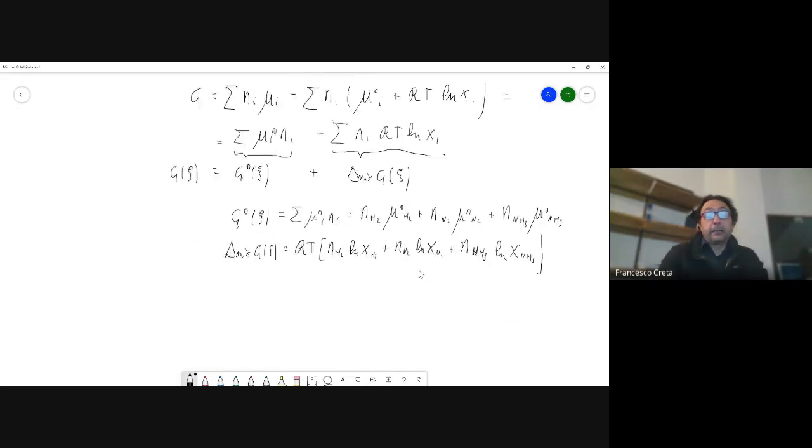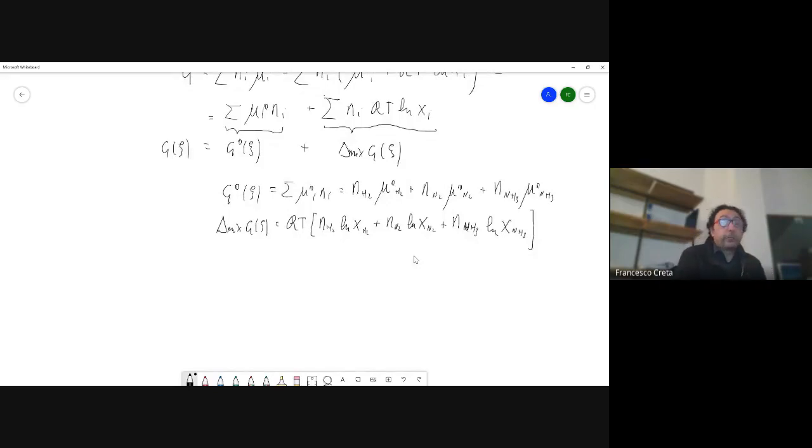But the nice thing is that now we can really draw this graph. It's an analytical expression, so we can actually draw the graph. Let me give you a few numbers so that we remind ourselves. First of all, I won't do much explanation here, but the standard state chemical potentials of the pure hydrogen and nitrogen are identically zero. On the other hand, you can calculate this.